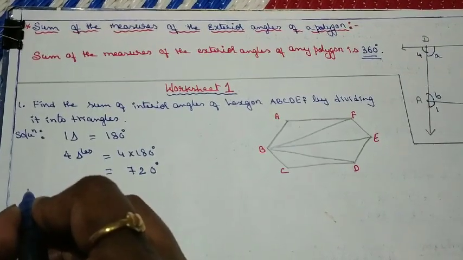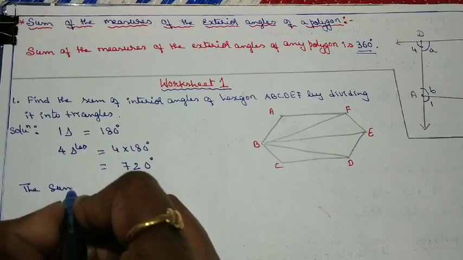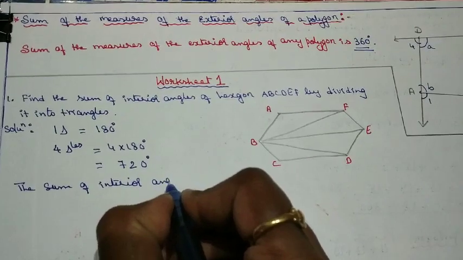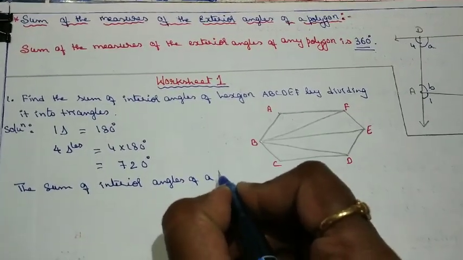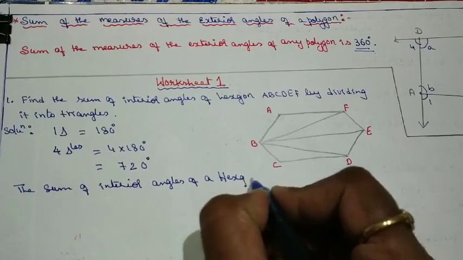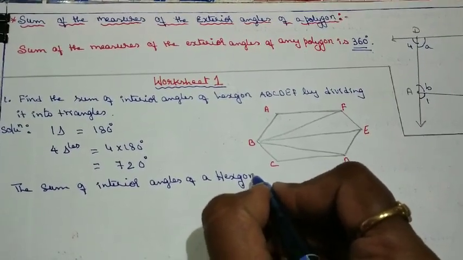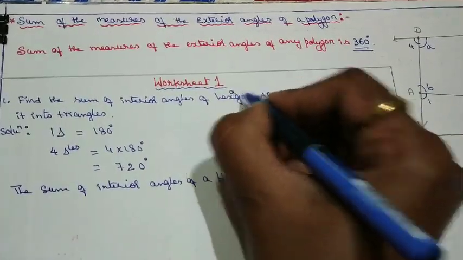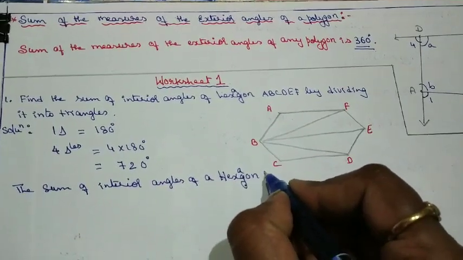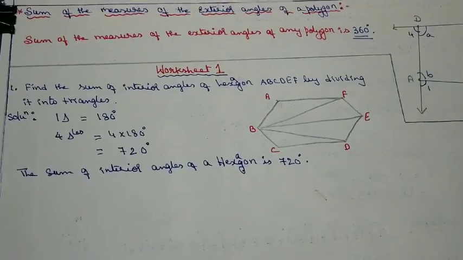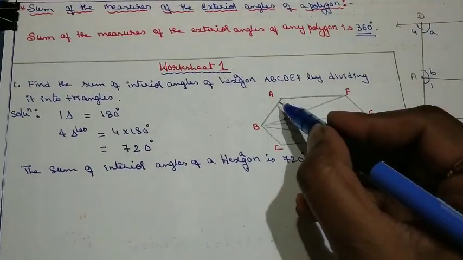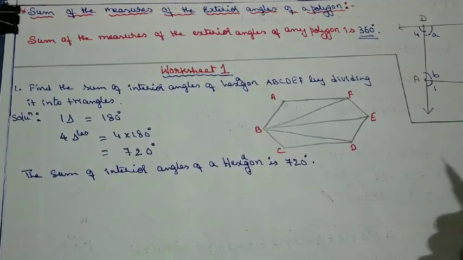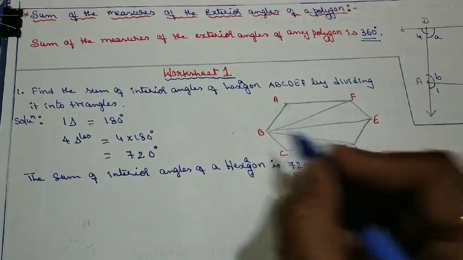So I can write that the sum of interior angles of a hexagon, any kind of hexagon, either a regular hexagon or a non-regular hexagon, is 720 degrees. Or you can go with the other method, marking the angles, angle 1, angle 2, angle 3, angle 4, angle 5 and so on. Instead of going with the lengthy process, I have done it here the short way.